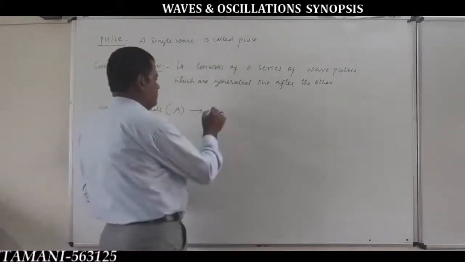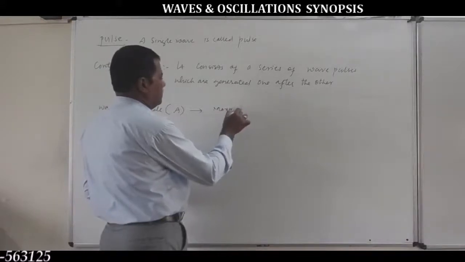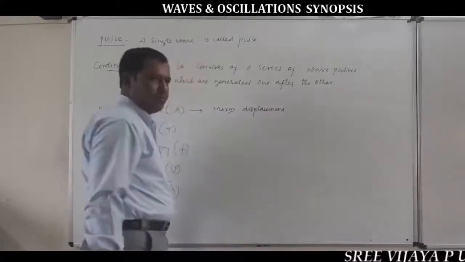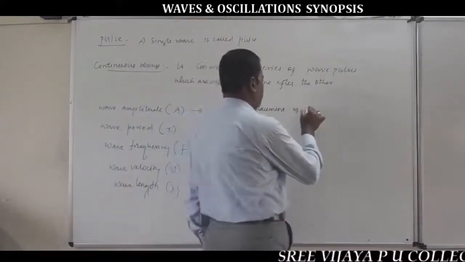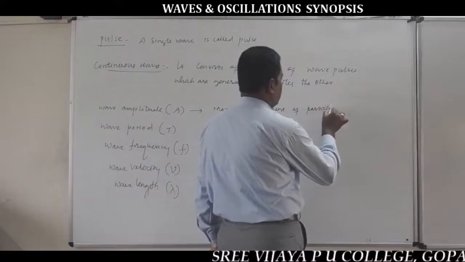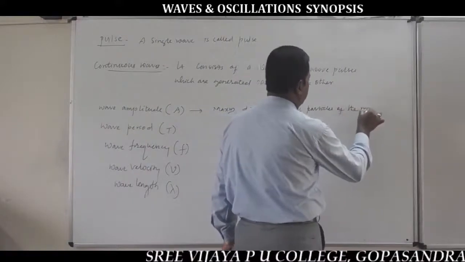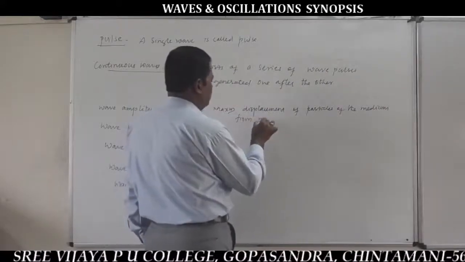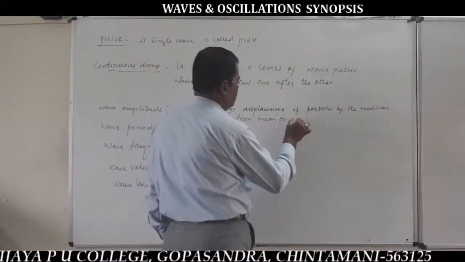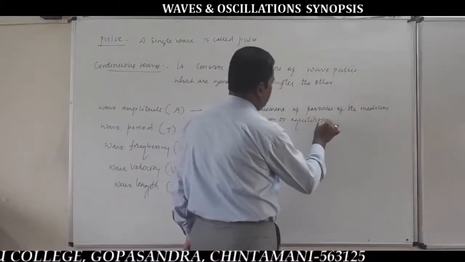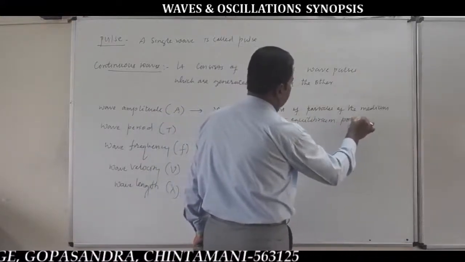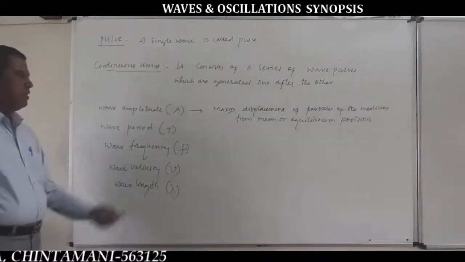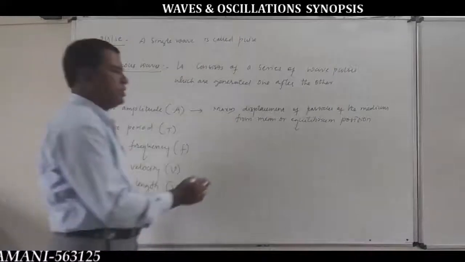Maximum displacement of particles of the medium from mean or equilibrium position is called wave amplitude. So generally wave amplitude is measured in meter.